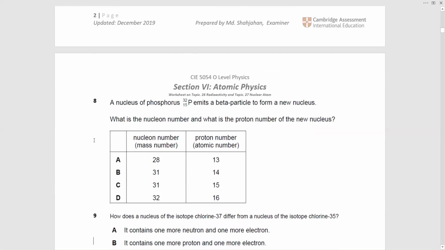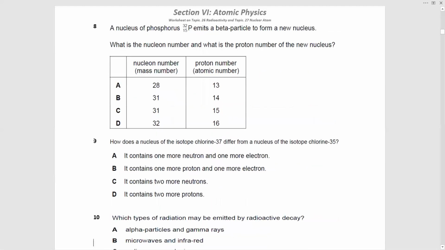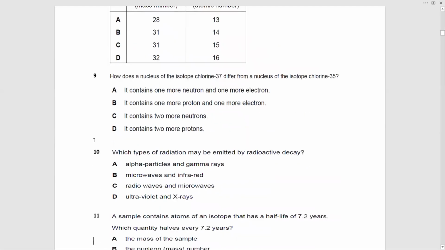Eight. D. Beta emission, right? Yes, D. 1632, correct. Nine. C. Which one? It contains two more neutrons.